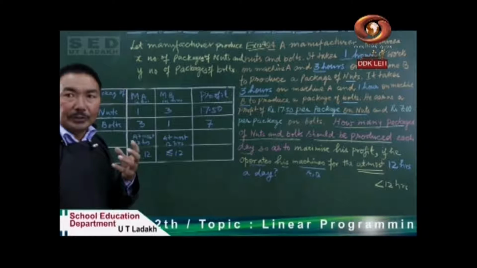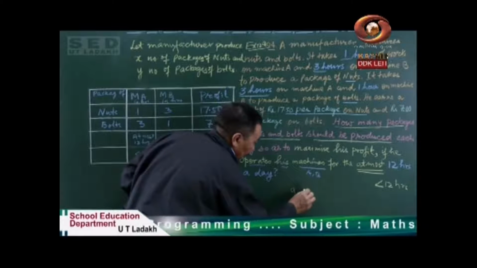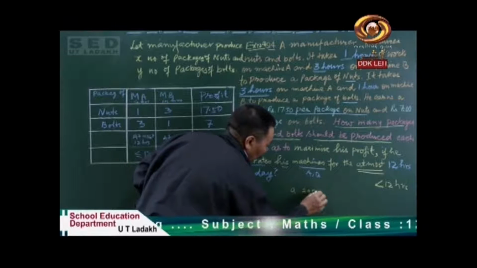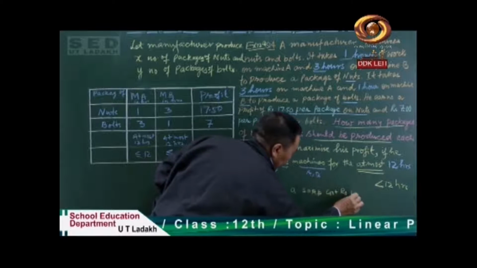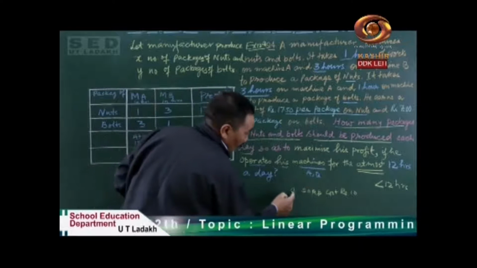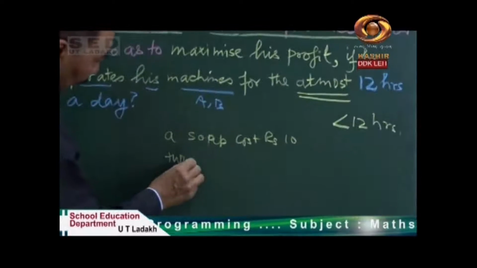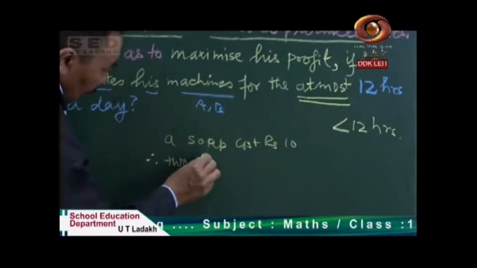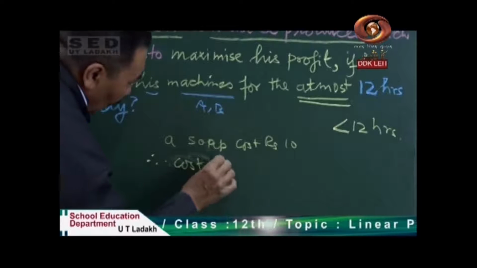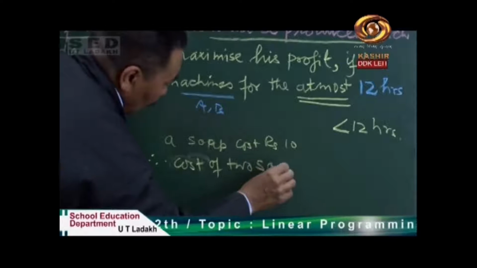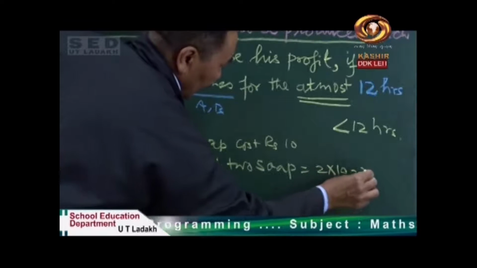Students, I will give you an example. Suppose a soap costs rupees 10. If I purchase two soaps, the cost of two soaps will be 2 multiplied by 10, that is 20.